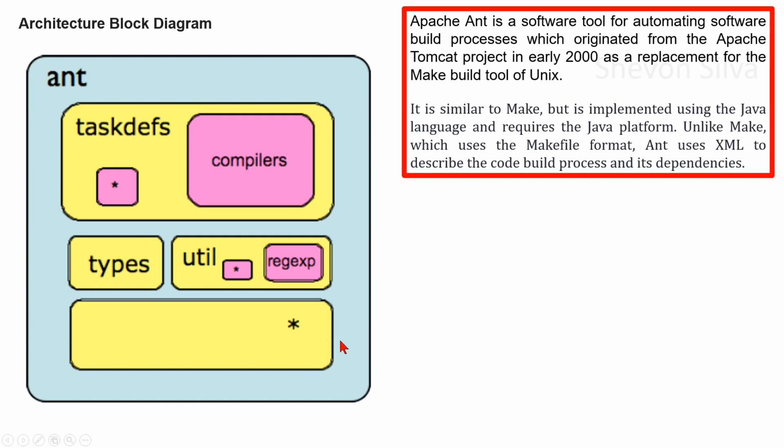And the architecture has 2 levels because of the subsystems in the first level, Taskdefs and Util contain other subsystems, Compilers and Regexp. The z-axis is going like this.